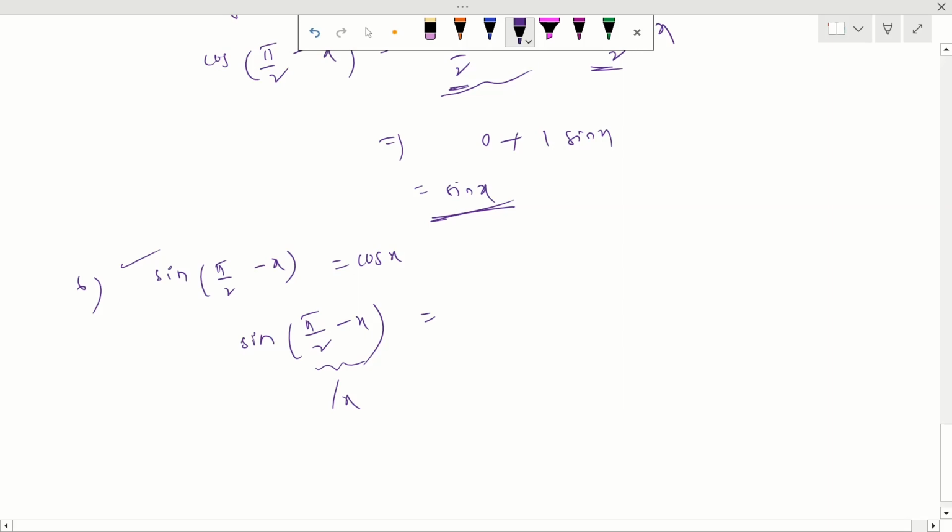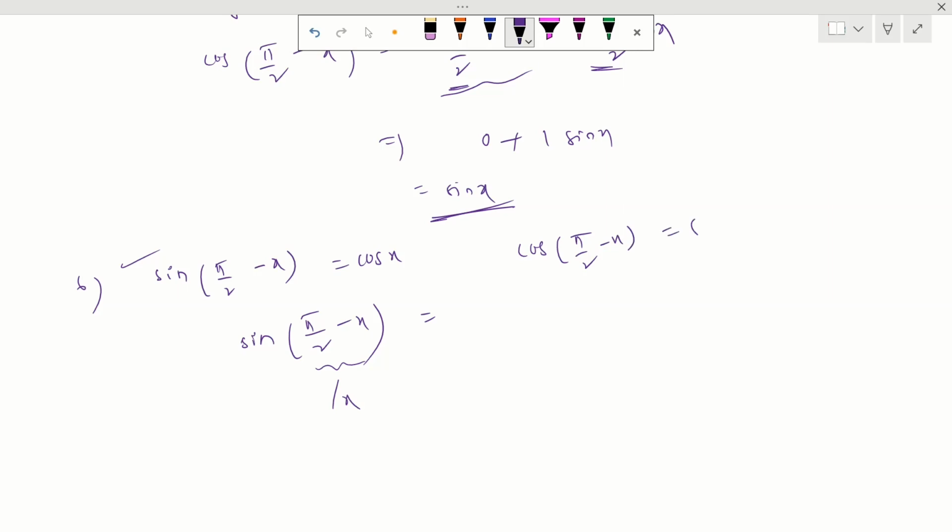And from the previous result we know that cos of pi by 2 minus x is sin x. So this term is sin x. This means sin x is equal to cos of pi by 2 minus x, where the x term is pi by 2 minus x. Then the pi by 2 minus will be cancelled in this concept.